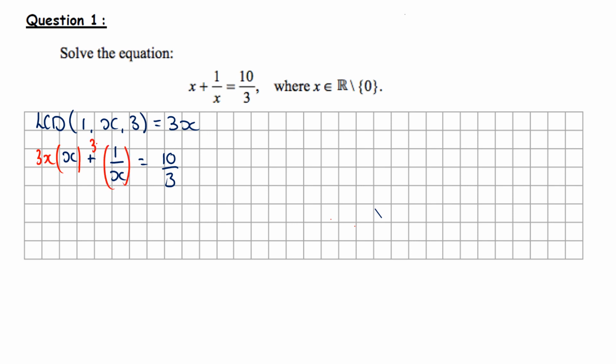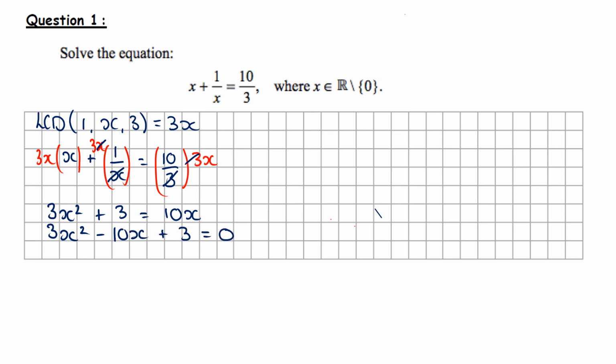The 3's cancel, that x cancels, and we're left with 3x squared plus 3 is equal to 10x. Bringing that across, we get 3x squared minus 10x plus 3 equals 0.